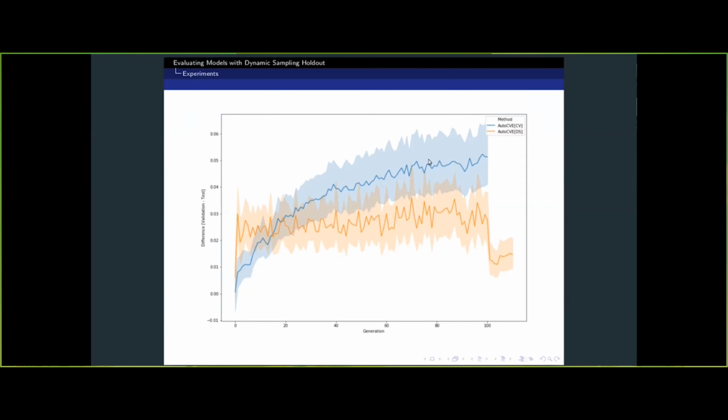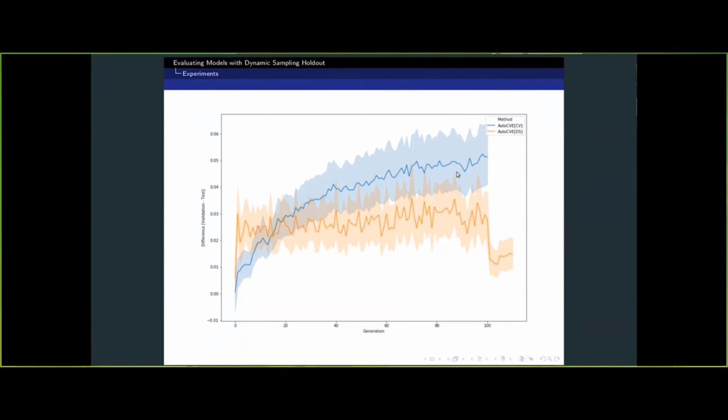But with holdout and dynamic sampling, we have indeed a higher overfitting amount in the beginning, given its higher variance, but the overfitting stays at the same level for all the evolution. And in fact, the dynamic sample has a lower overfitting measure in the final predictions, lower than the cross-validation.